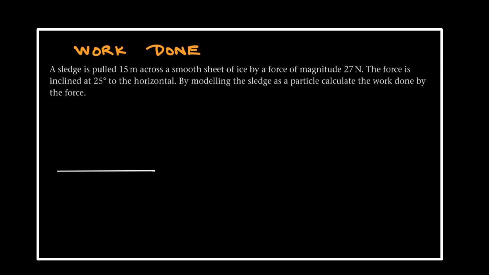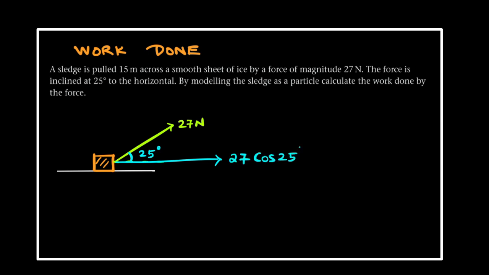And then on top of that, let's draw the sledge. Let's treat it as a particle. And then this is the horizontal, and a force of magnitude 27 Newton is acting this way, and this angle is 25 degrees. So the force component horizontally is 27 cosine of 25 degrees.